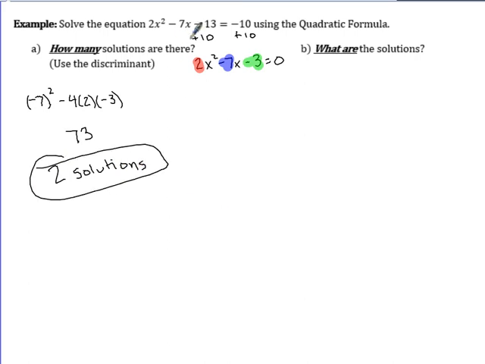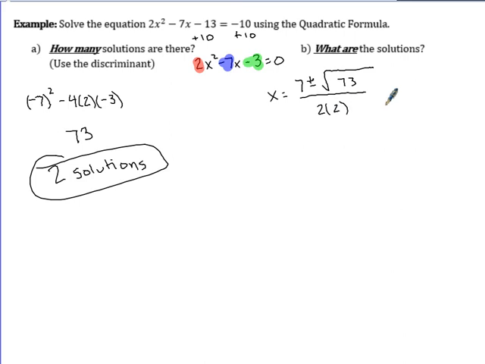And then what are the solutions? Well, for that we're actually going to use the whole quadratic formula. So x equals negative b. Negative 7 is positive 7, plus or minus the square root of b squared minus 4ac, which we already know is 73, all over 2 times a.